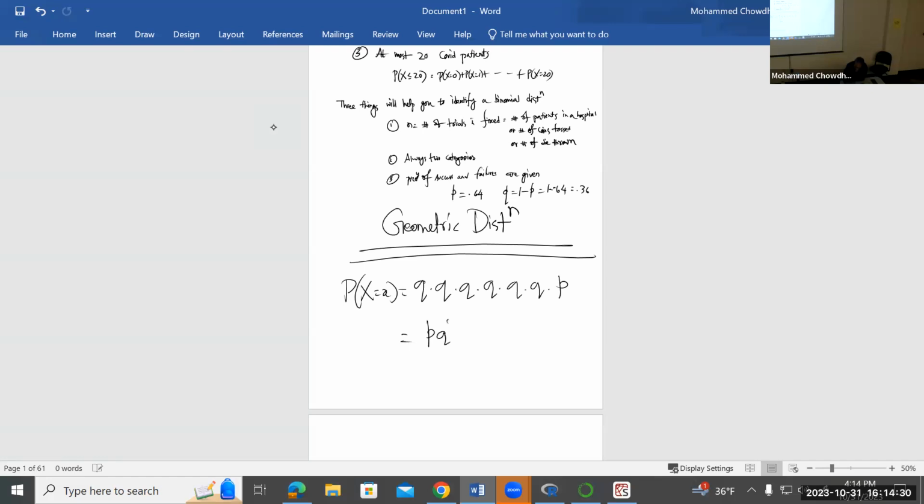Probability of Q^(x-1) P, where x takes values 1, 2, 3, 4, 5, 6, and 7. Here x equal to number of trials.